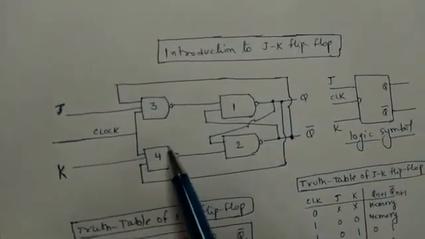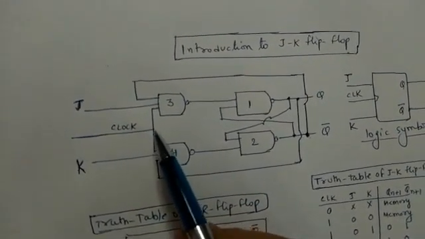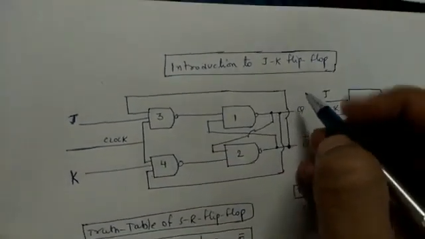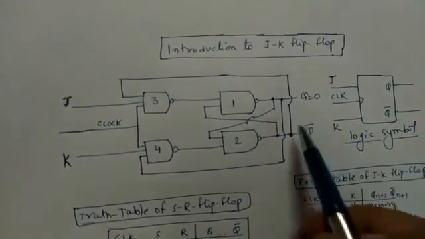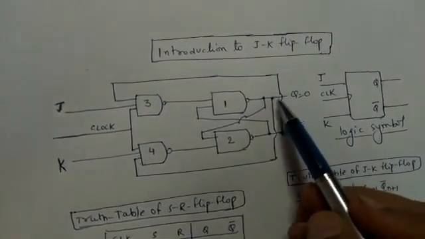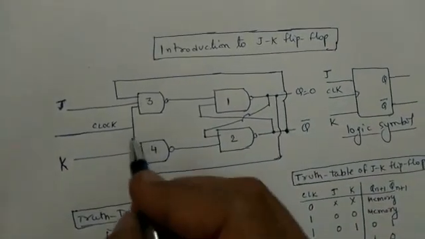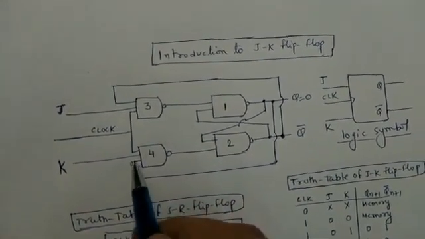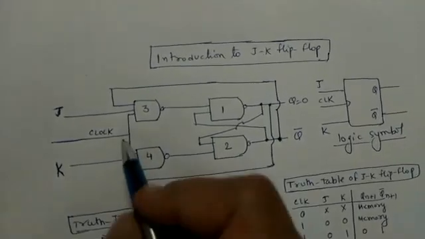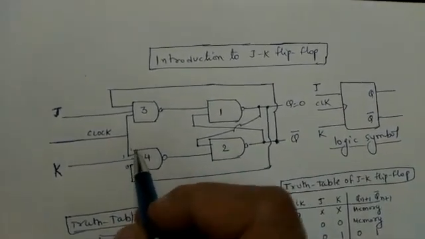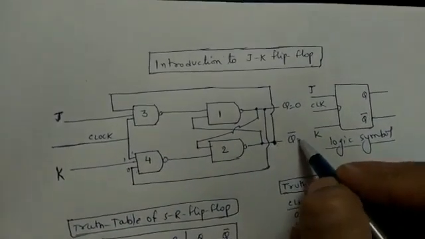Coming back to the circuit diagram, we have J equal to 1, K equal to 1, the clock is 1, and now we have taken Q to be 0. As you can see, this Q 0 goes to the gate, so here we are getting 0, this is 1, this is 0, this is 1, and here we have Q bar as 1.